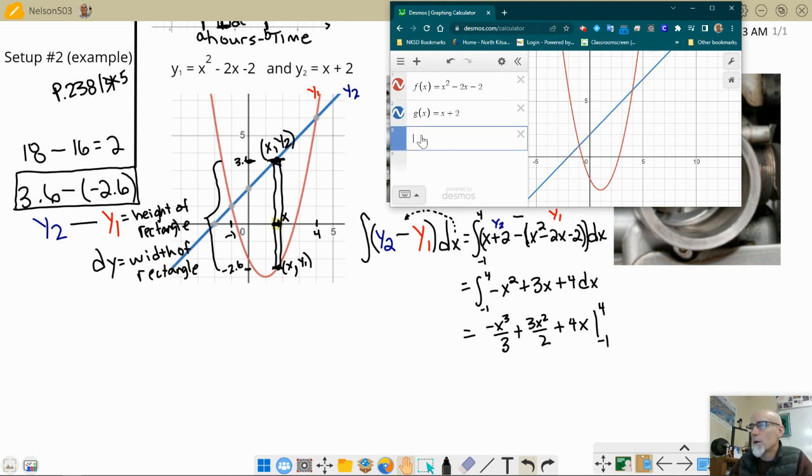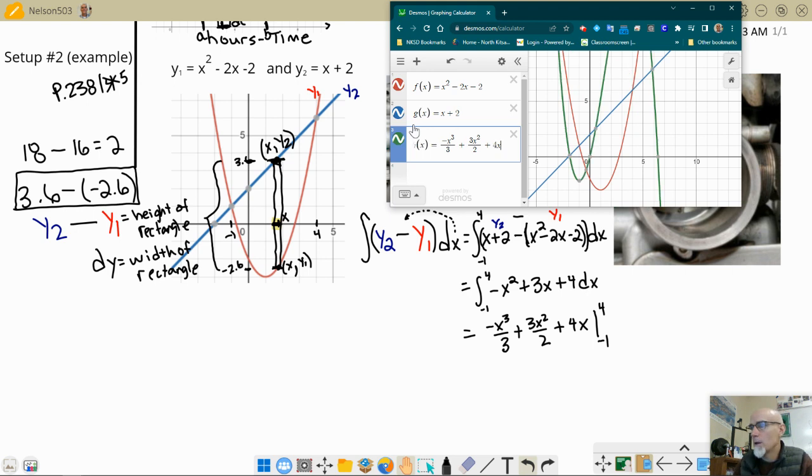So right down here, we could put another function in there. We could call it h of x, and we could say that's equal to negative x cubed divided by 3, plus 3x squared divided by 2 plus 4x.